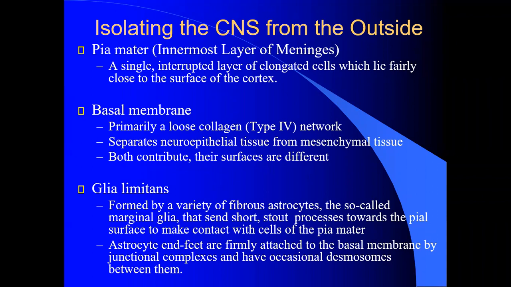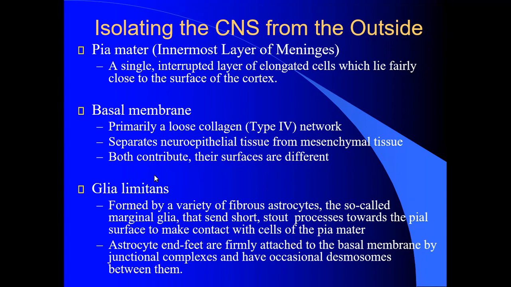So one face of the basal membrane is mesenchymal, and the other face is neuroepithelial, and they meet in the basal membrane. Which is very cool. I think it's very cool. So that's the meeting. East meets west in the basal membrane, not basement membrane, but basal membrane.